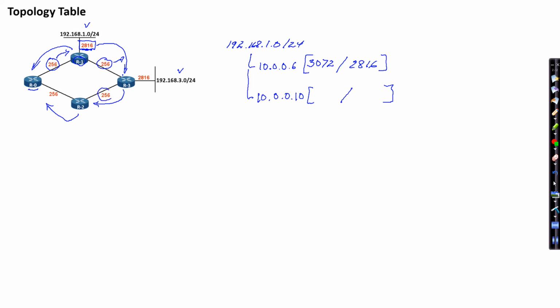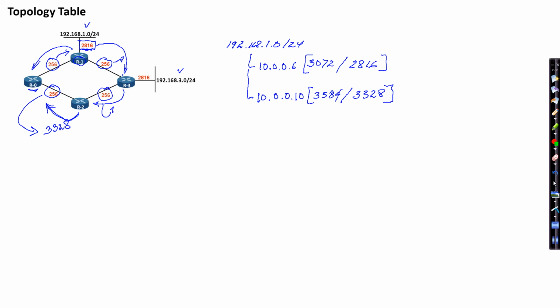Router 2 then takes this 256 and adds to that 3072. Then finally advertises to router 0. My total cost is 3328. So that number goes here. Router 0 will then add this 256 to that number, and the final number is 3584.